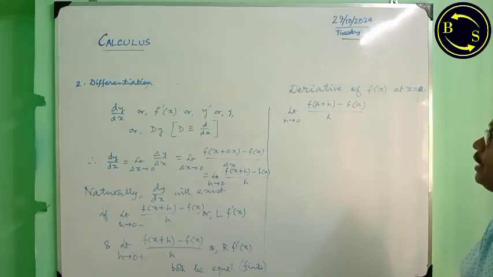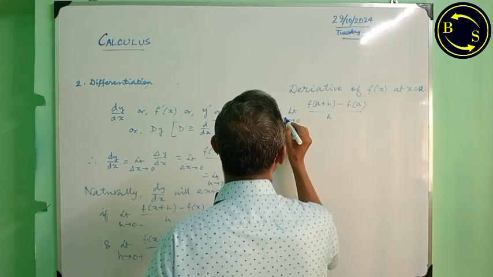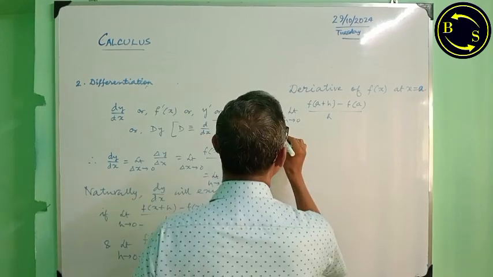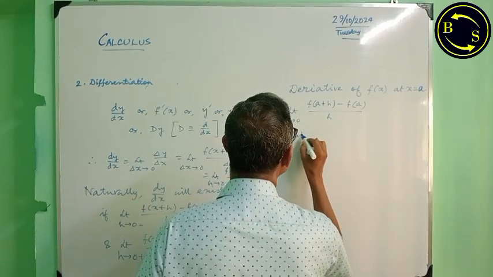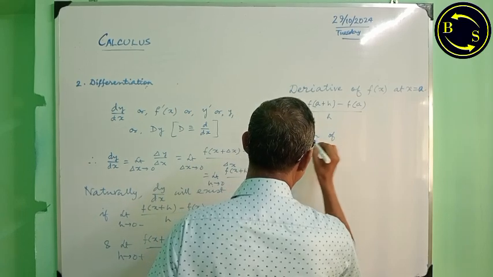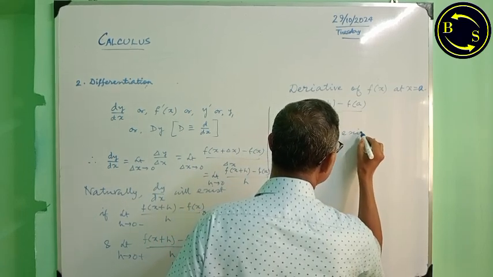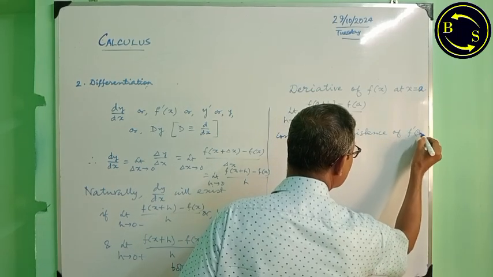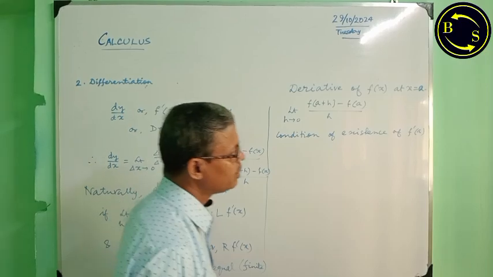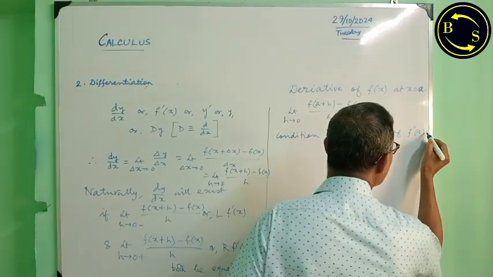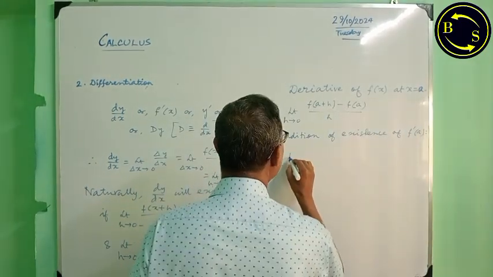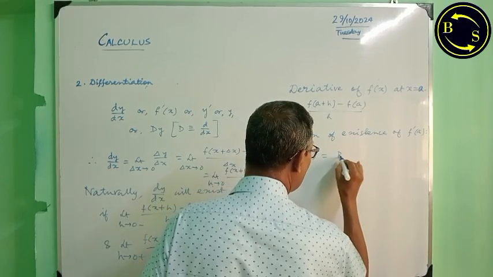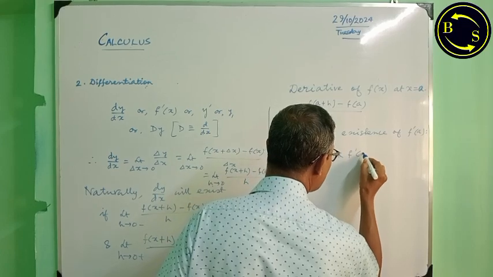Now again this one is a limit, therefore this limit will exist if the condition of existence of f dash a, as discussed in limit, L f dash a be equal to R f dash a.